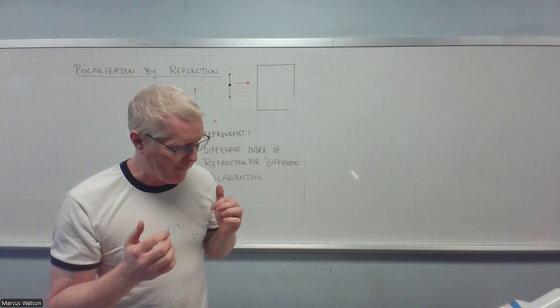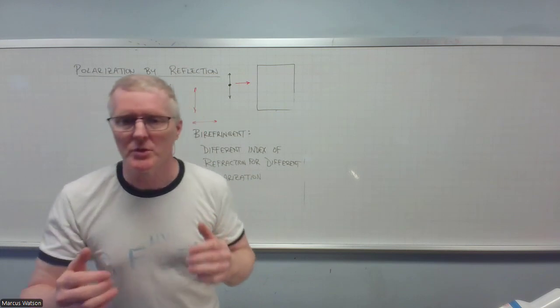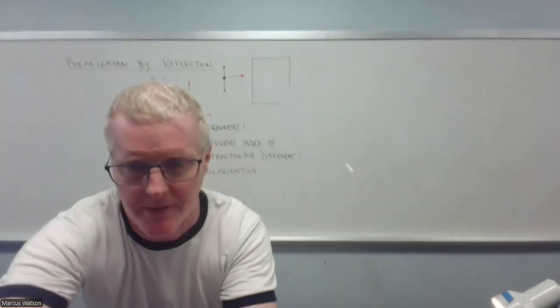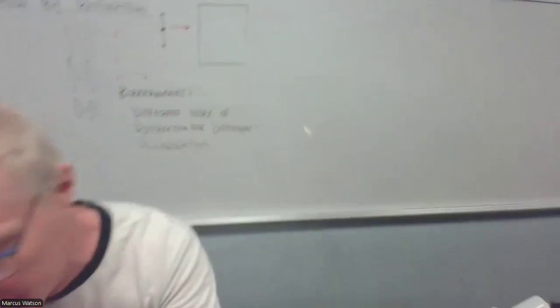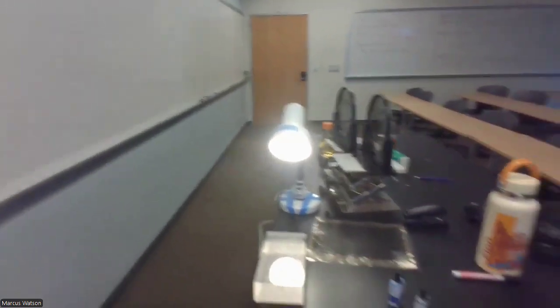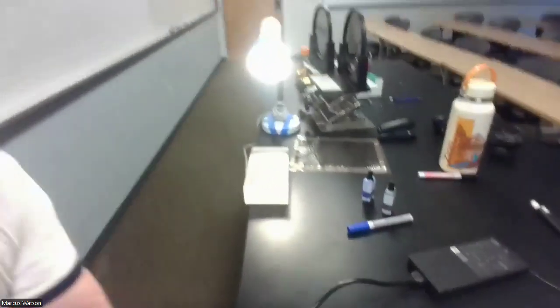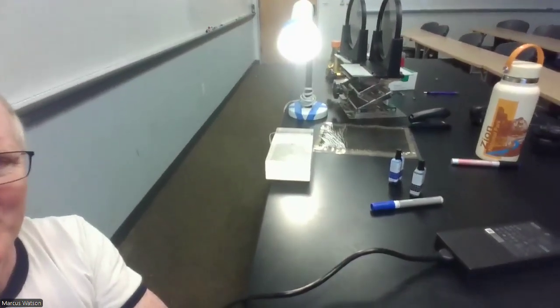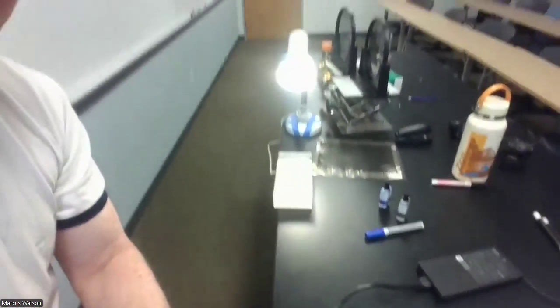All right, so let's do this. Here you go. I'm going to bring you down here. We're going to take a quick look at this from, say, this angle here. Well, that's not a great angle because that light is so bright.